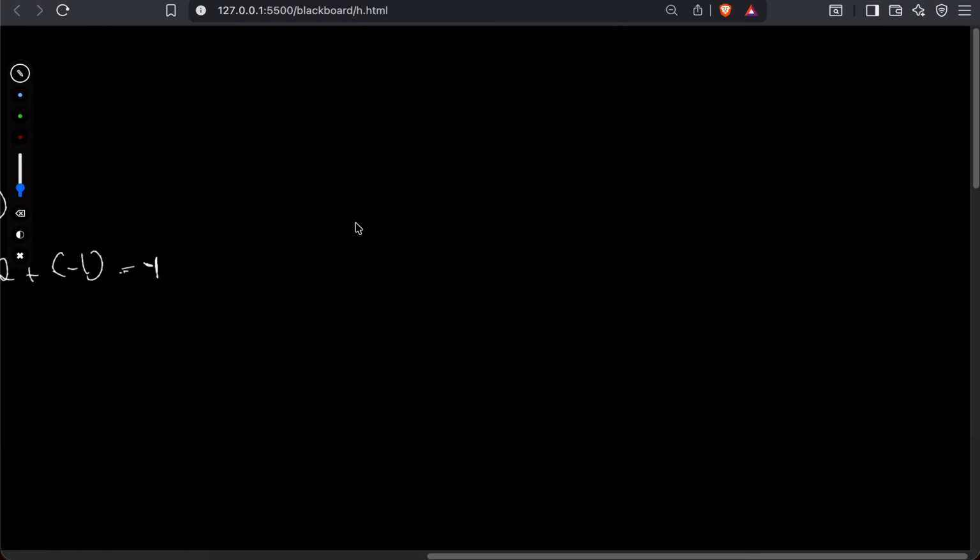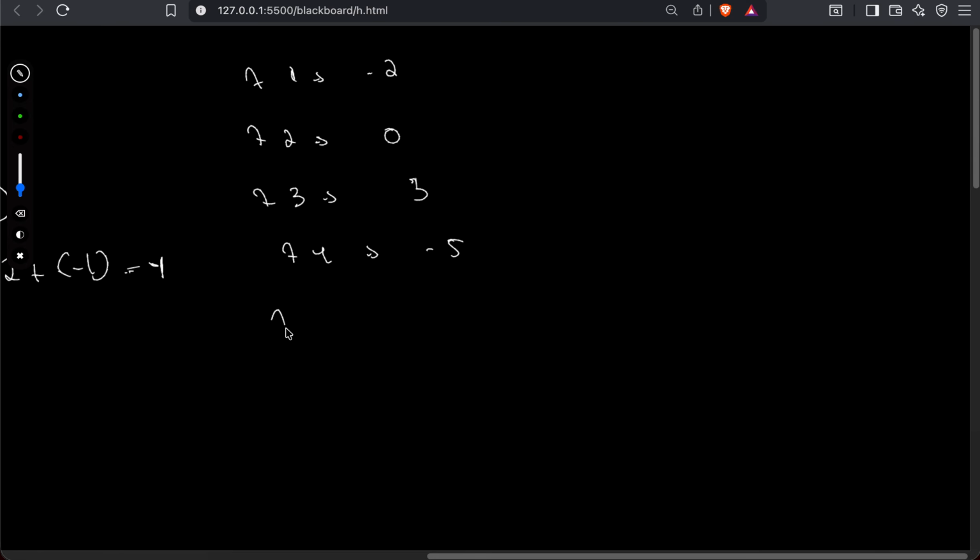Let me explain with one more example. How can you understand this problem? You have 6 friends standing in a line, and each friend is holding a number. Friend 1 is holding -2, friend 2 is holding 0, friend 3 is holding 3, friend 4 is holding -5, friend 5 is holding 2, and friend 6 is holding -1.